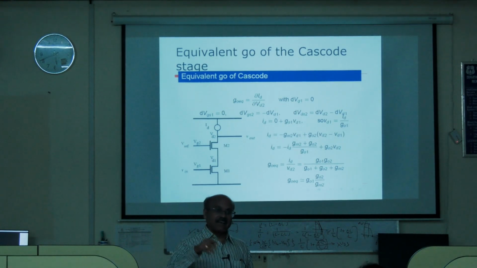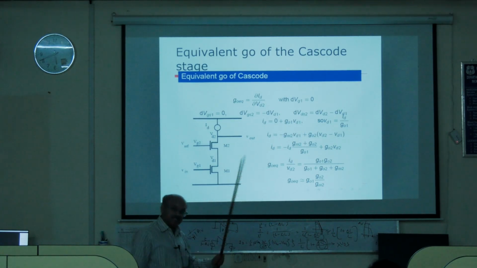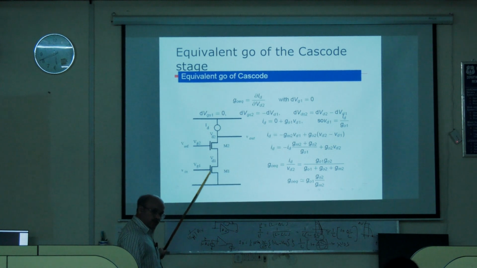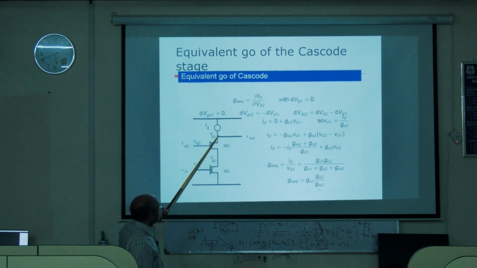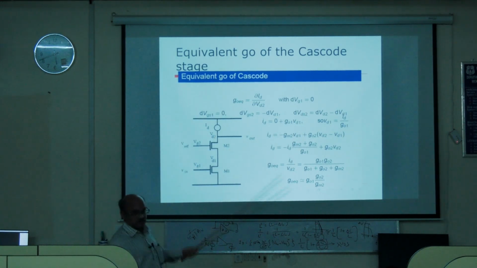Don't think that earlier I gave it to the bottom transistor, and now I am giving it to the upper transistor. Not that. Earlier we gave the signal here, now we are muting it, but here you are considering this voltage variation, while this voltage is all the time DC.